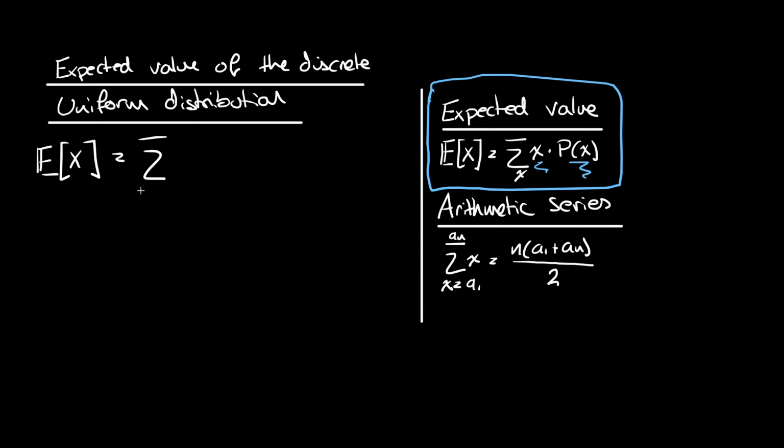Now we know for the discrete uniform distribution, x starts at A and ends at B. From the discrete uniform distribution, we know that the probability of x is constant for all x, and it's equal to 1 over n.